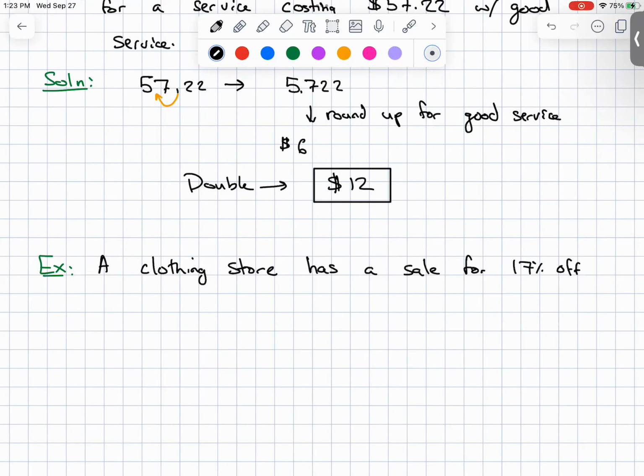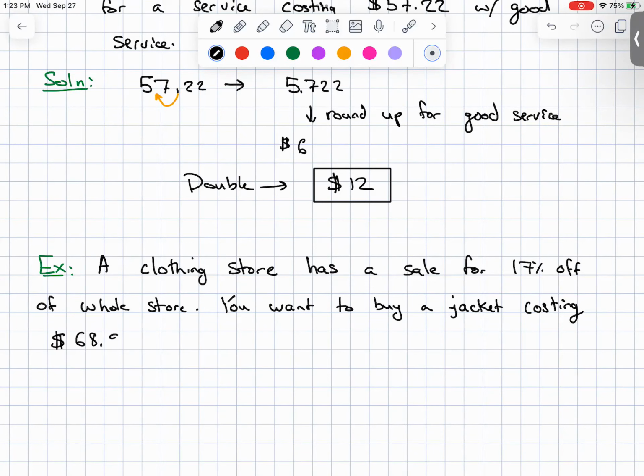Maybe it's the July 17th sale or something like that, or August 17th, whatever it may be. 17% off the whole store. You want to buy a jacket costing $68.99.